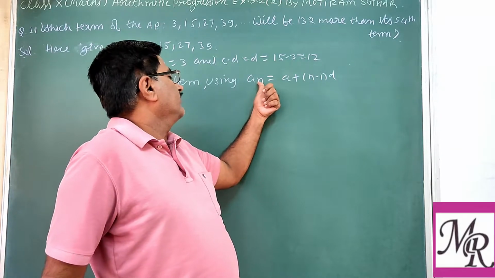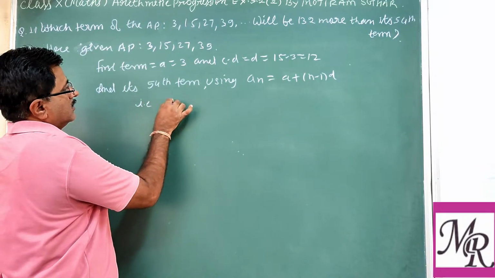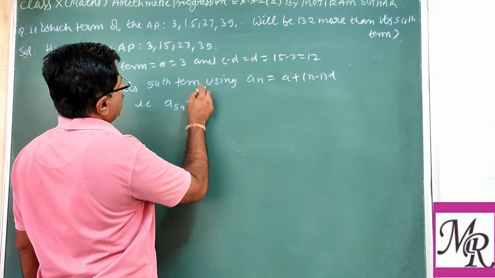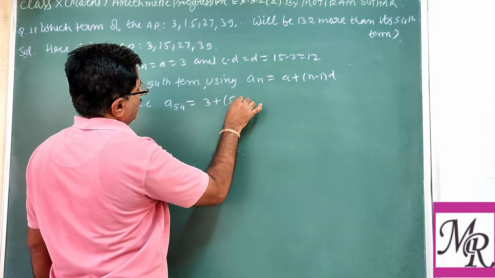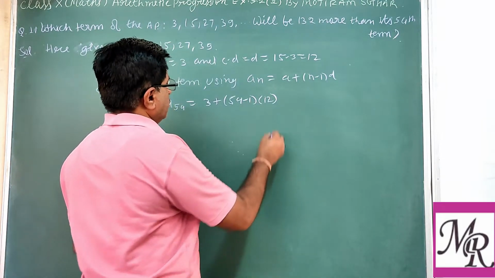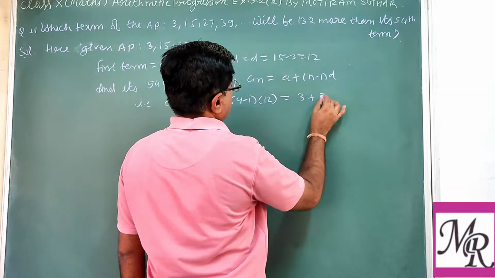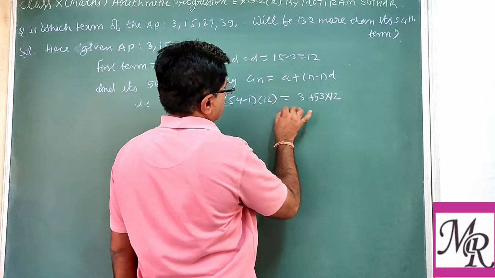N means here the 54th term. So A54 equal to A, here 3, plus 54 minus 1, and d is 12. So simplify this: 3 plus 53 into 12.